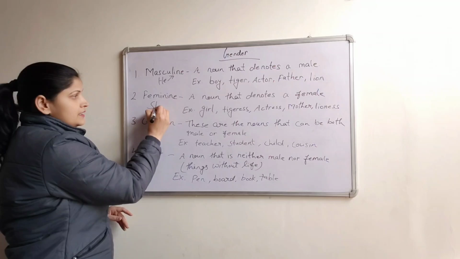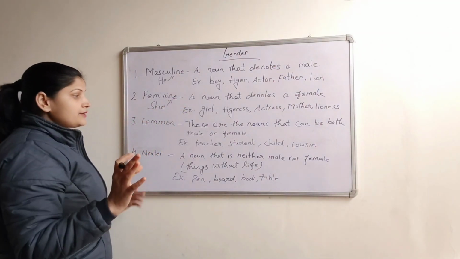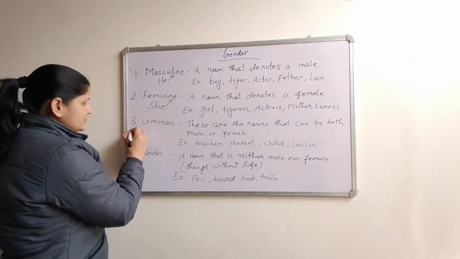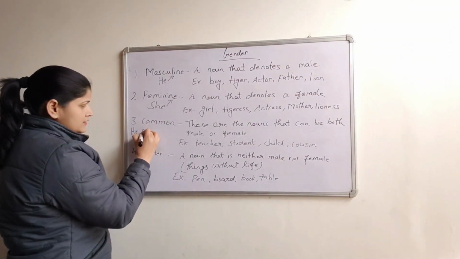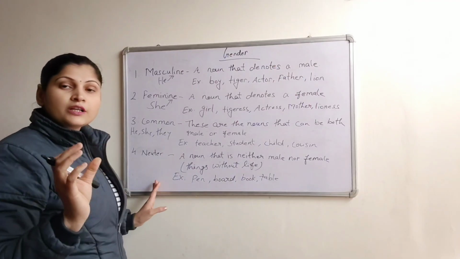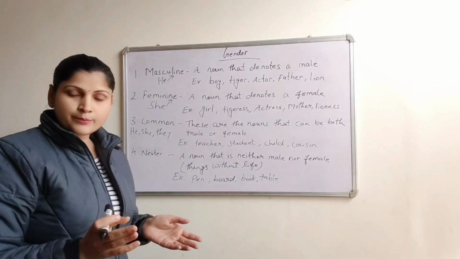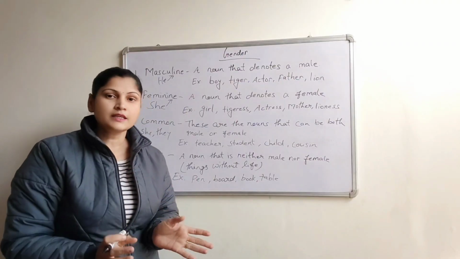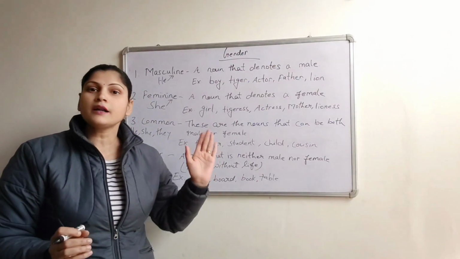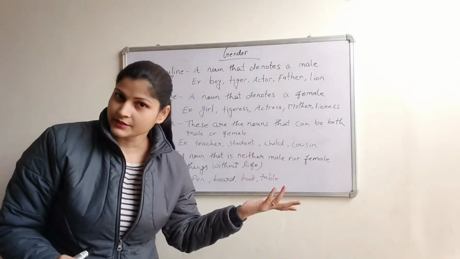We use he for masculine gender. We use she for feminine gender. And for common, we use he, she, they according to the noun we are talking about. For example, students are in the field, they are playing cricket.